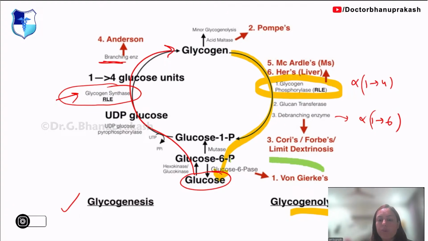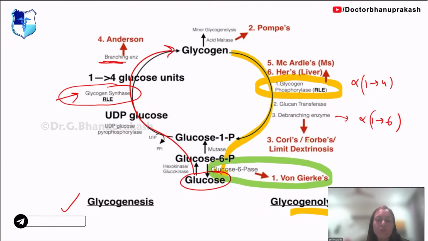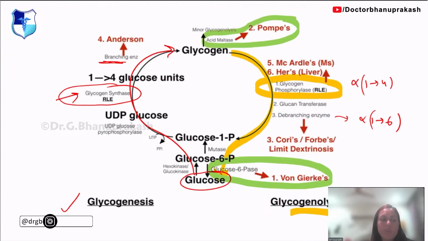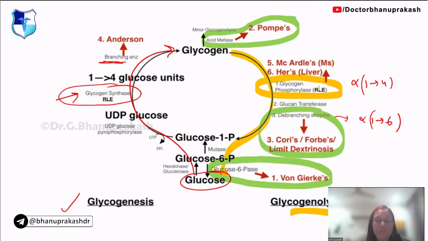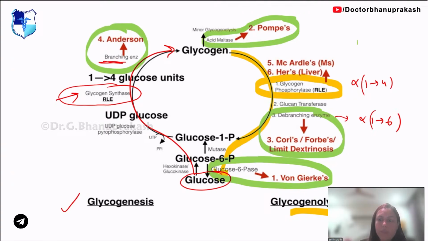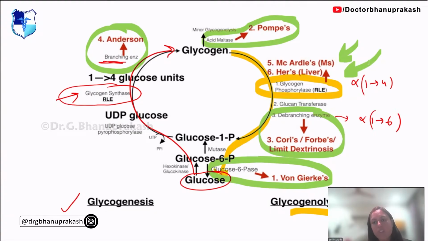Type 1 von Gierke's disease, enzyme deficient glucose 6 phosphatase. Type 2 Pompe's, acid maltase. Type 3 debranching enzyme deficiency, Cori's or Forbes disease. Type 4 Andersen, branching enzyme deficient. 5 and 6, McArdle's and Hers, glycogen phosphorylase is affected, respectively in muscle and liver.